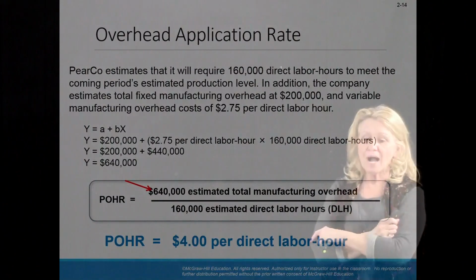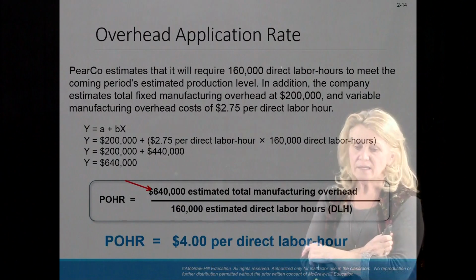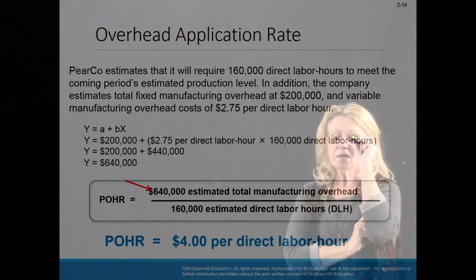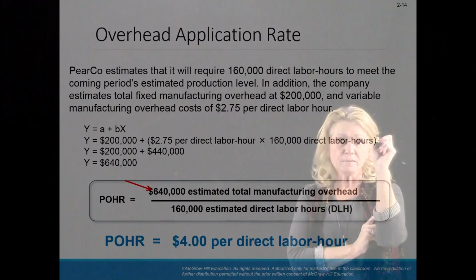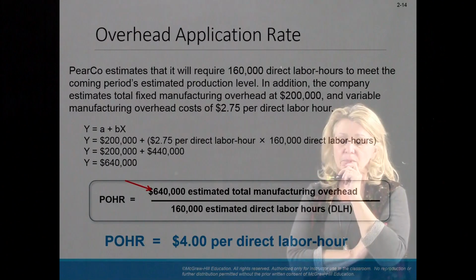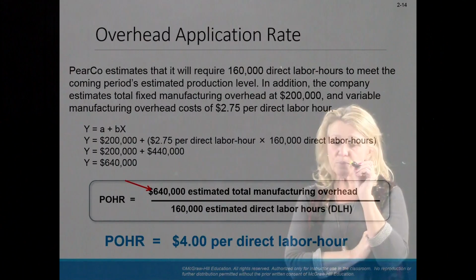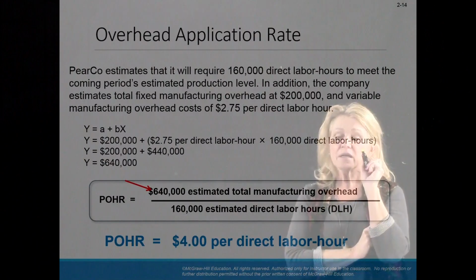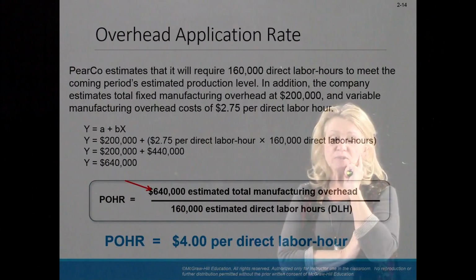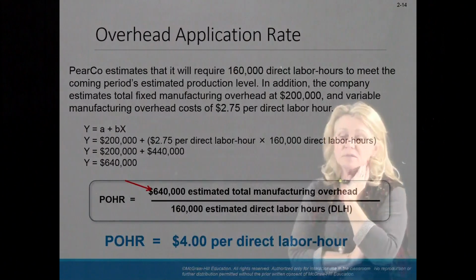Okay, so Y equals A plus B times X. Y equals 200,000, which was the total fixed manufacturing overhead. In our problem, it was 10,000. Plus $2.75 per direct labor hour. Ours was $1 times 160,000 direct labor hours. Ours was 1,000 direct labor hours.